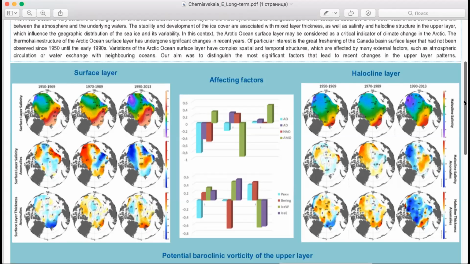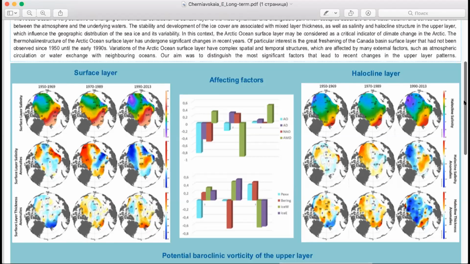And here I present results averaged for 3 periods. I guess you can see the differences between these periods in the configuration of the fields of these characteristics. Especially these differences are noticeable in the surface layer salinity anomalies. And for the halocline layer, they are prominent not only in the salinity anomalies, but also in the thickness anomalies.